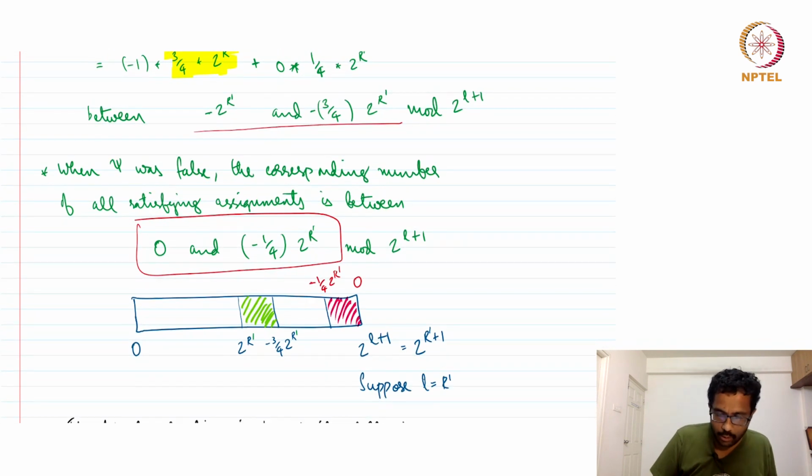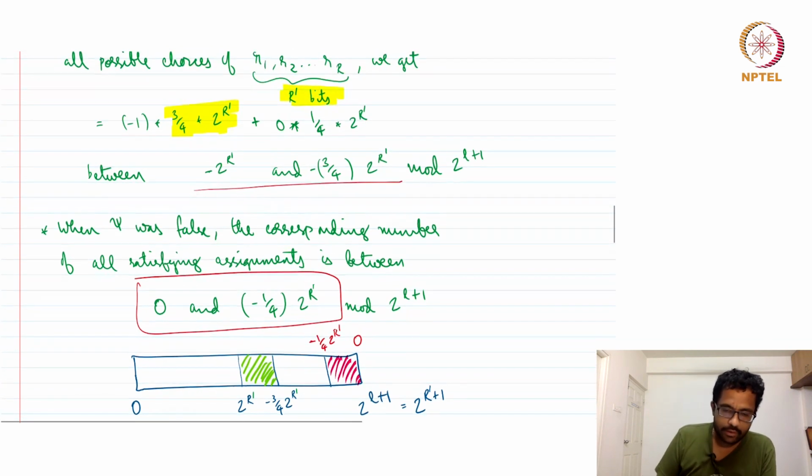So let us look at the entire thing modulo 2 power l plus 1, and just for the sake of concreteness, let us set l to be equal to r prime. So this is from 0 to 2 power l plus 1, which is the same as 2 power r prime plus 1. So yes instances could lead to minus 2 power r prime and minus 3/4 multiplied by 2 power r prime.